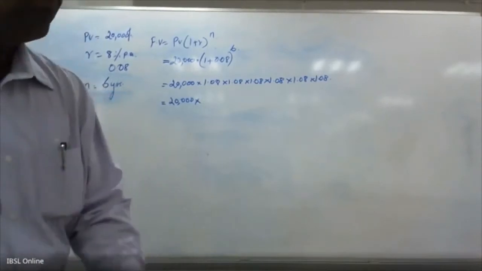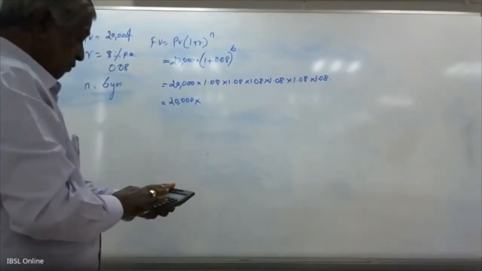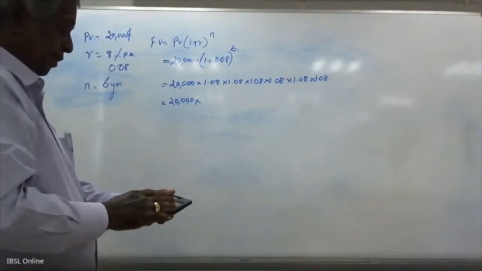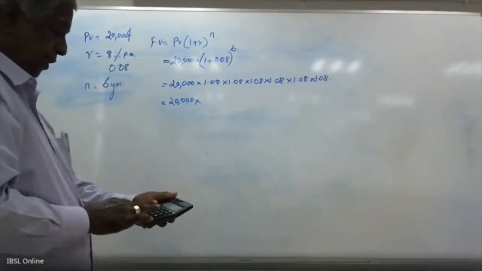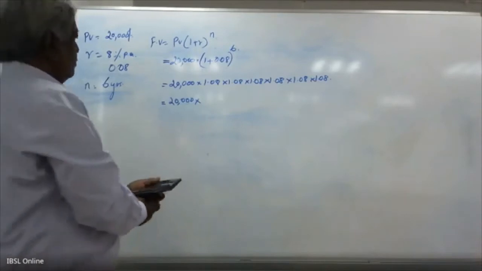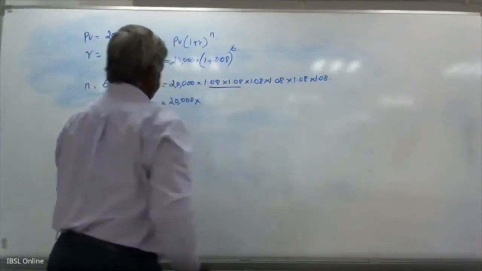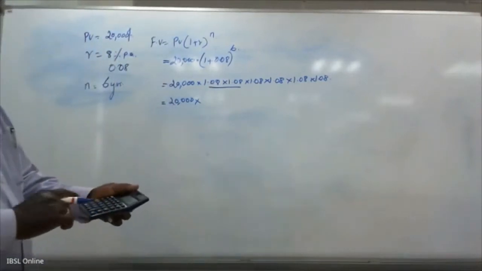So now first input 1.08, second input into 1.08. So first two inputs, we put the equal sign.